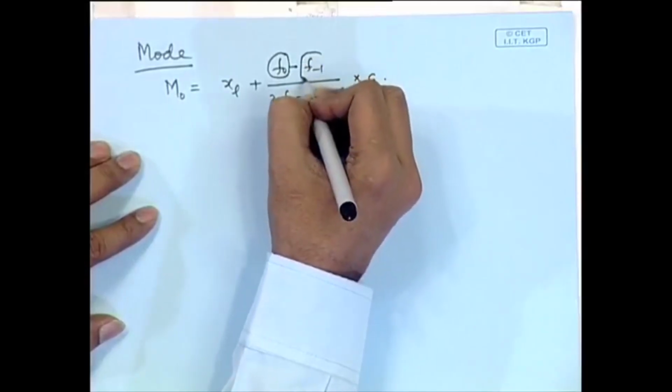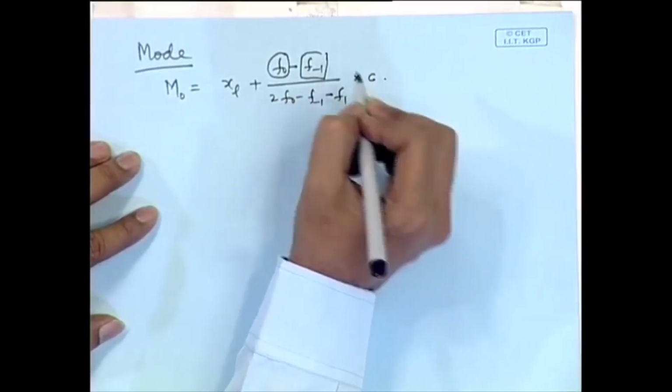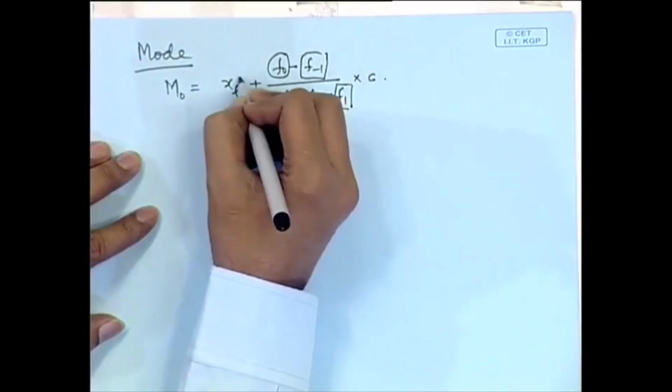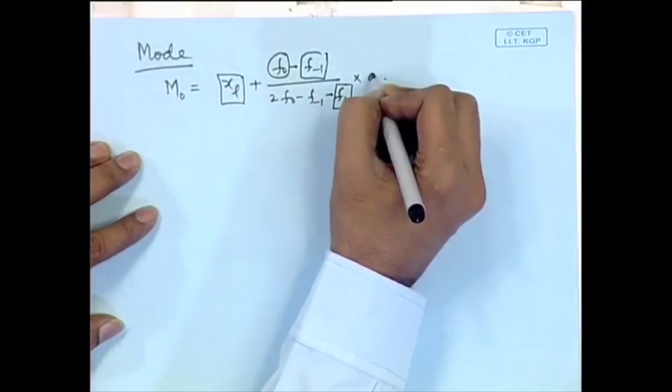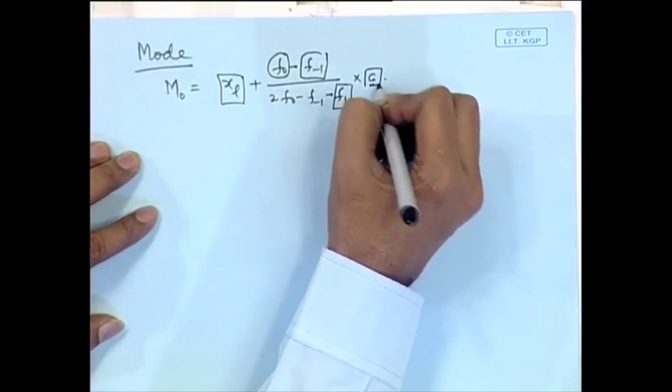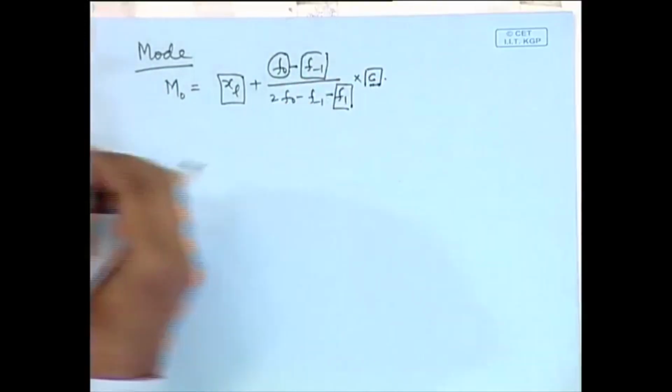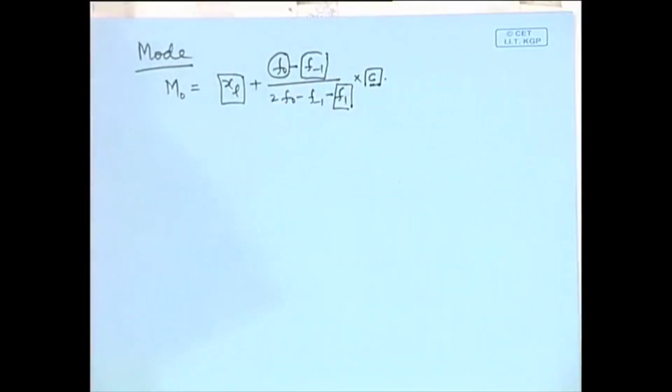F minus 1 is the frequency of the class prior to that, and f 1 is the frequency after that class. X L is the lower limit of that class, and C is the length of the class interval. So, this formula is used for calculating the mode when we have a frequency distribution.